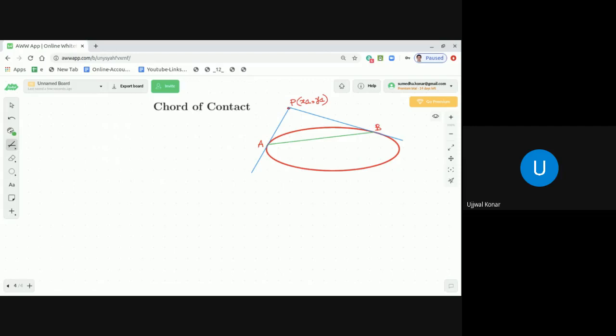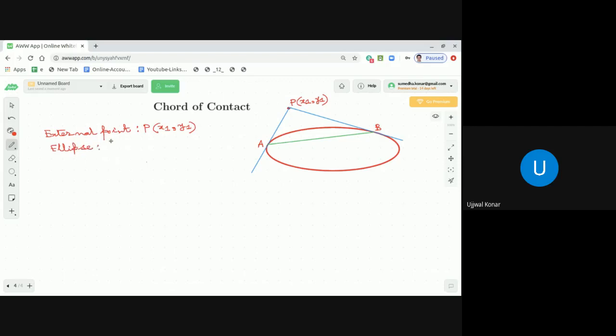So we have two things in our hand. The first one is the coordinates of the external point, that is (x1, y1). Let me write it down, dear students. What we have is, first, that external point, which is P, having coordinates (x1, y1), and that ellipse.